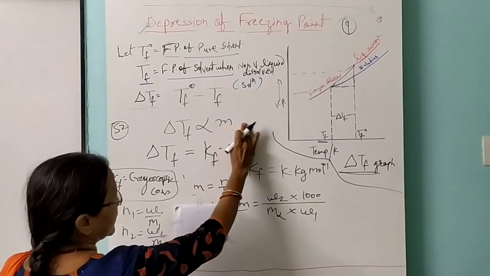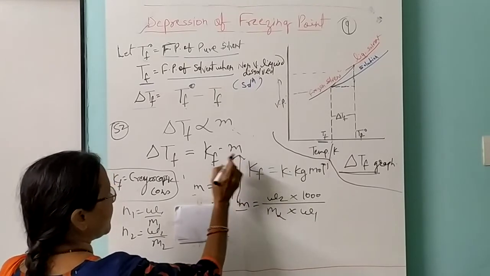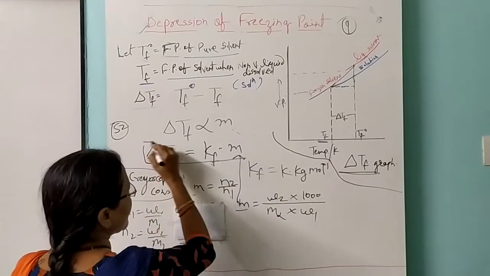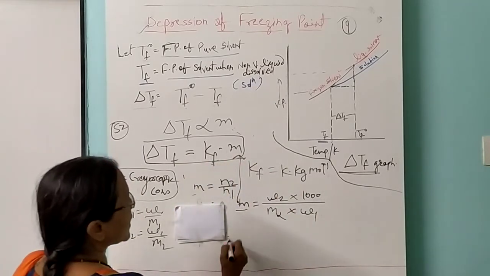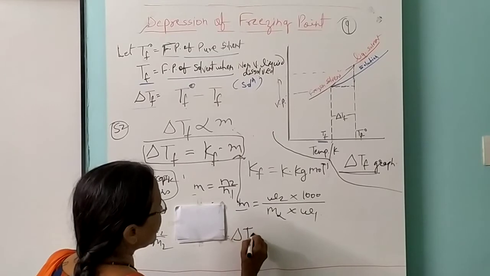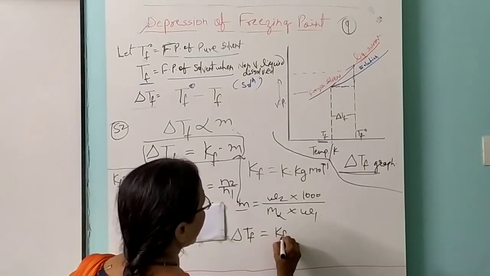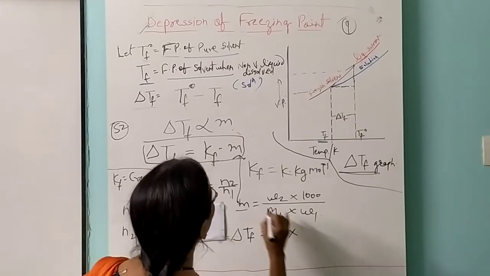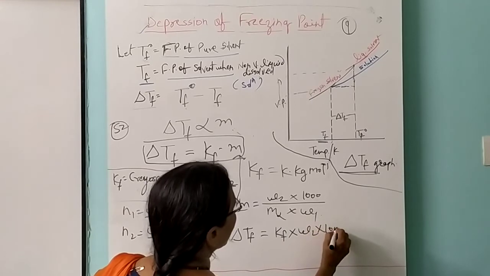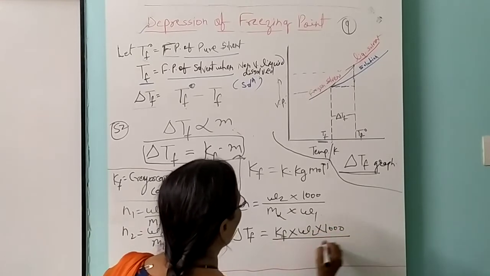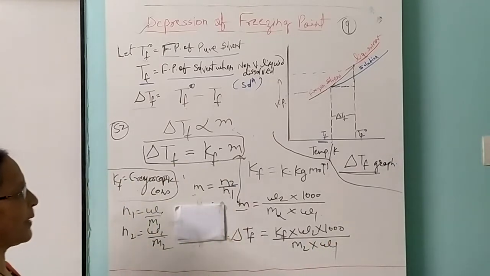Suppose this is equation number 1 and this one is equation number 2. So I can write delta TF is equal to Kf into W2 into 1000 upon M2 into W1.